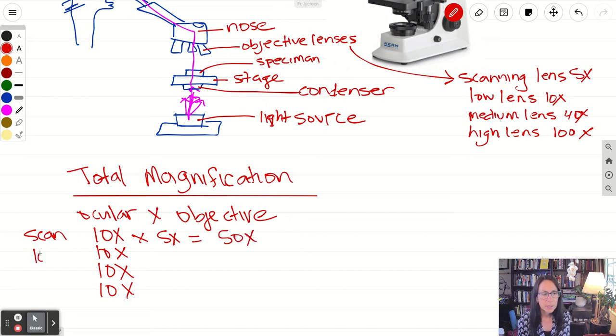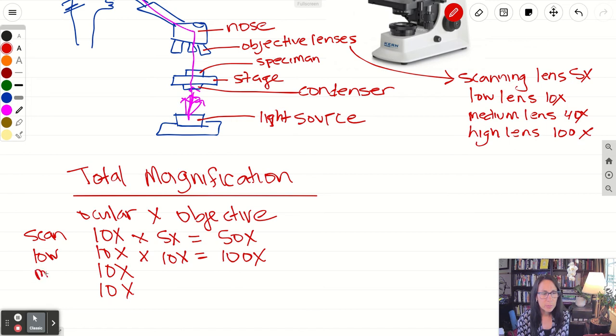If you're looking at the low lens, that's going to be multiplied by 10x. Sorry. And so that's going to give you 100x, which means the thing you're looking at is 100 times bigger than if you looked at it without the microscope. So that's what that means.